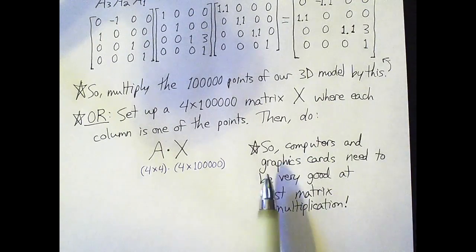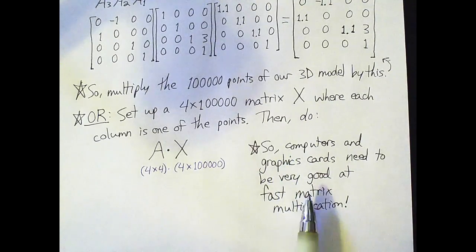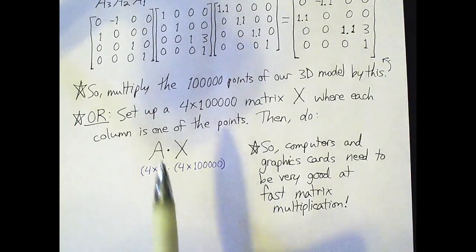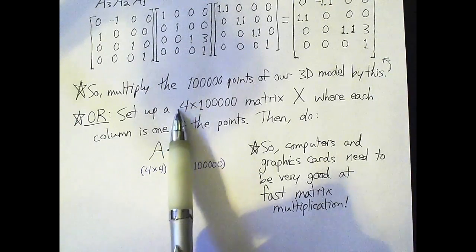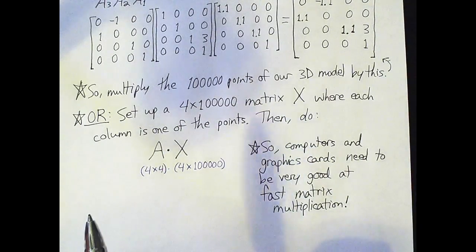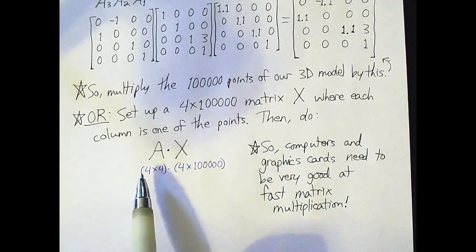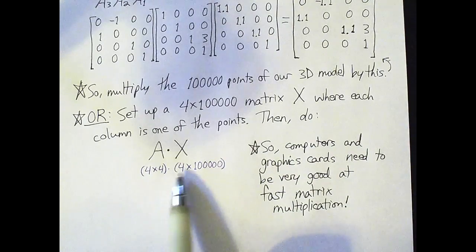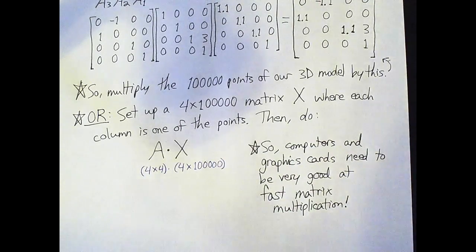So graphics cards in computers are designed to do lots and lots of fast matrix multiplication, especially for this 4x4 case, because it's especially tailored to be able to do 3D graphics. 3D graphics need 4x4 matrix multiplication to be done really well.